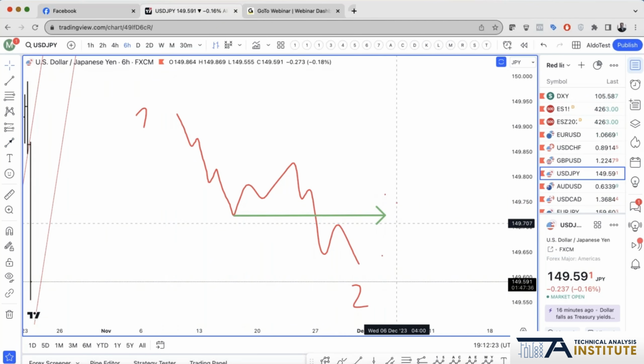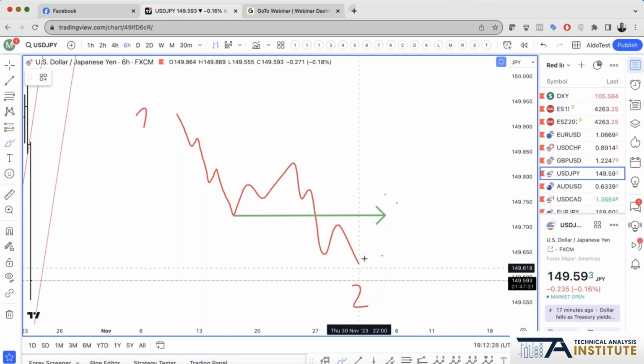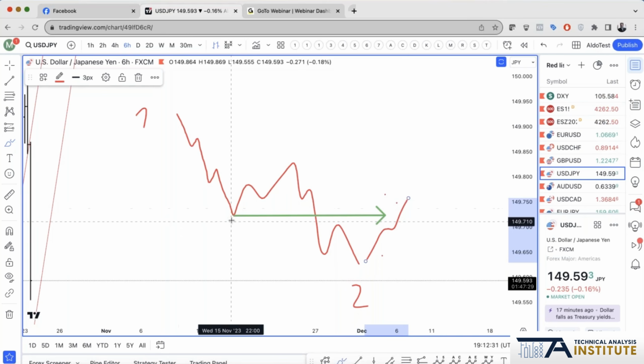Why? Well, because at that point you eliminate the 1, 2, 3 situation, right? At that point, you would have a 4 that enters the territory of 1, and therefore you would be trading with one less possibility that the market will move against you.